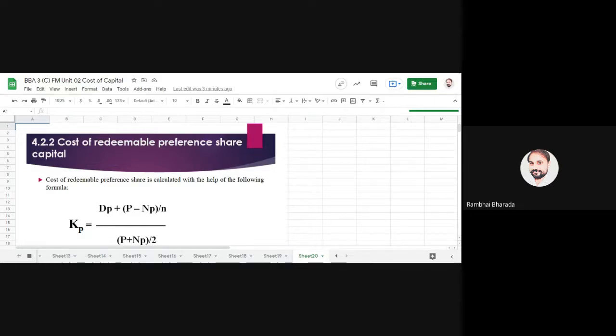Are we clear? Now the company's purpose is over after 5 years, after 10 years, or after 20 years, or in our case, after 2 years. Now the purpose is over and the company does not require that money. It means Rahil comes to the investors and says, I am returning your money, I no more need your 2 lakh rupees.